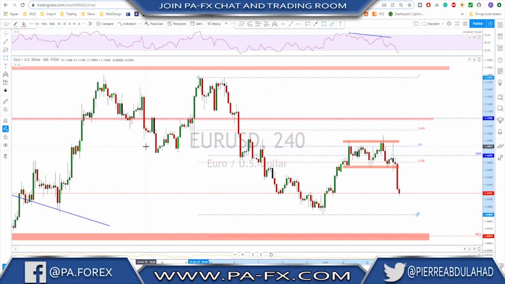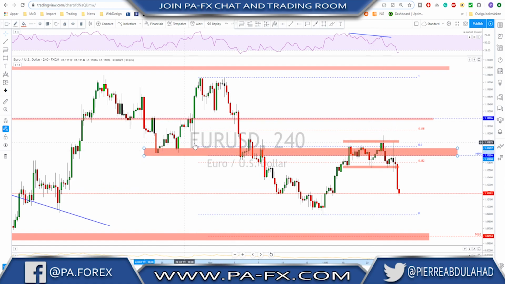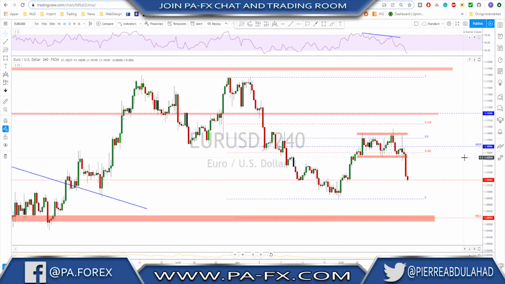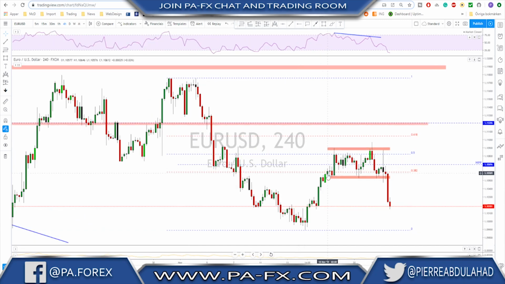Since the market broke this neckline, we will start looking to short this market near that neckline break. We also had our Fibonacci retracement when I talked about this, and I mentioned the monthly pivot point and the neckline as an area of interest.